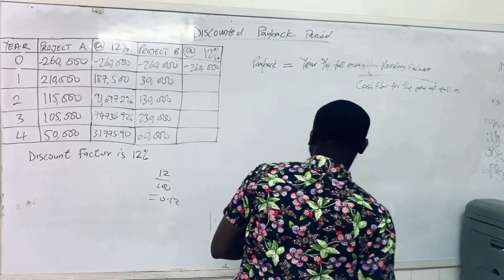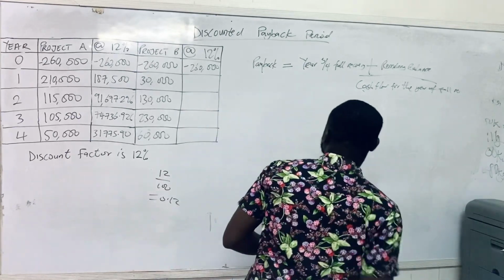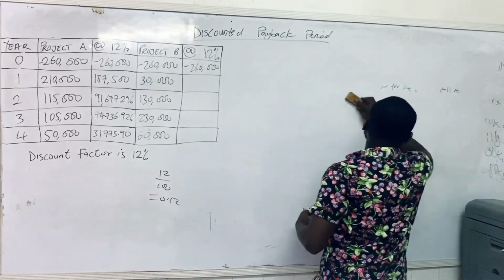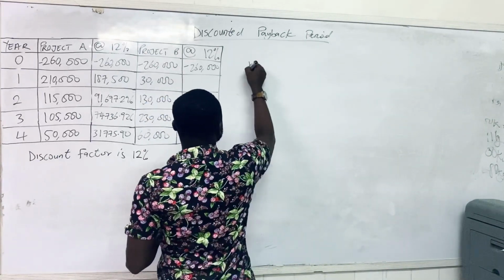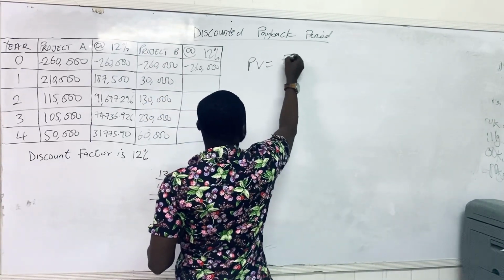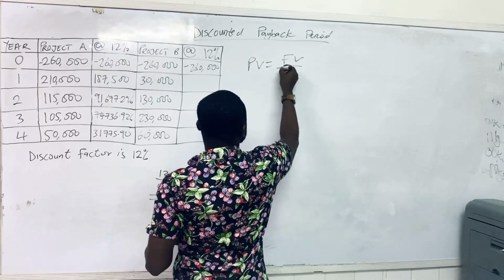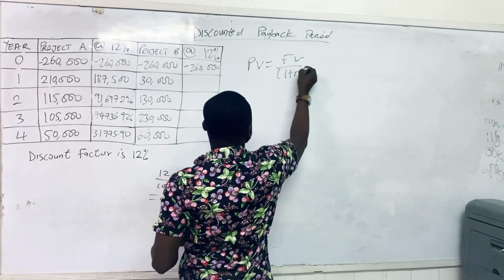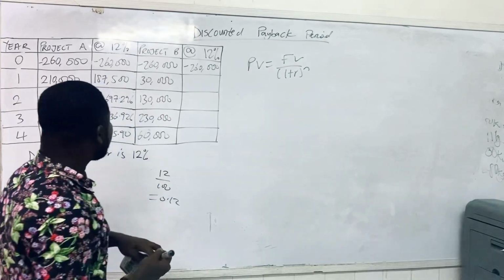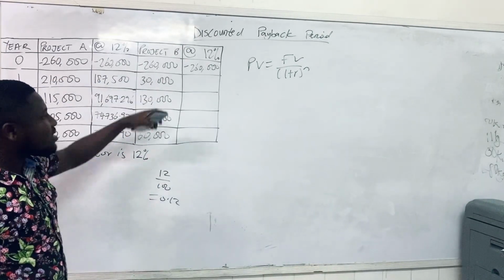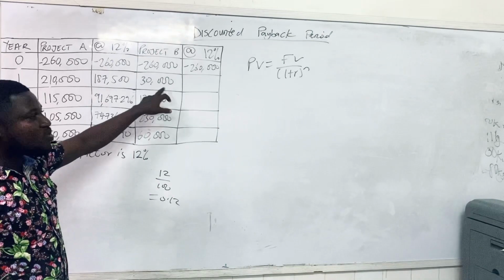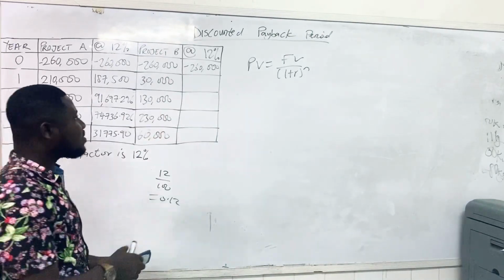I'm repeating the same PV formula. So PV equals FV on 1 plus R exponent n. Now, under Project B, our first year's cash flow is 30,000. This is in future value, so we are discounting it into present value.